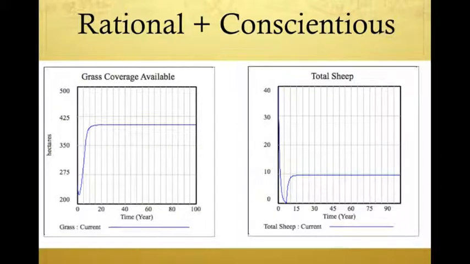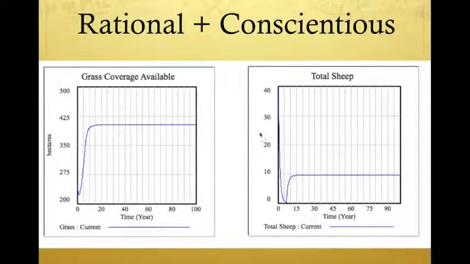So let's assume that we're going to keep the average grass over time more or less the same, at about 375 hectares of coverage, which is sort of the average value within the fluctuations of the short-sighted approach.